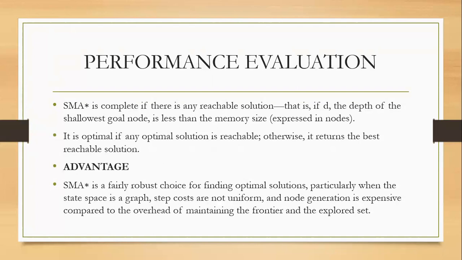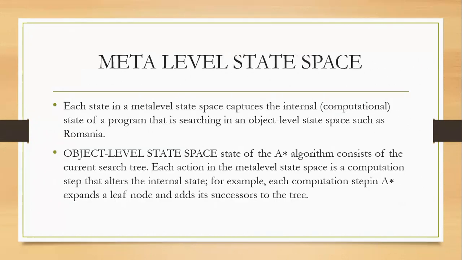Compared to RBFS, SMA star is far better, because the state space is a graph, step costs are not uniform, and node generation is expensive compared to the overhead of maintaining the frontier and explored set.